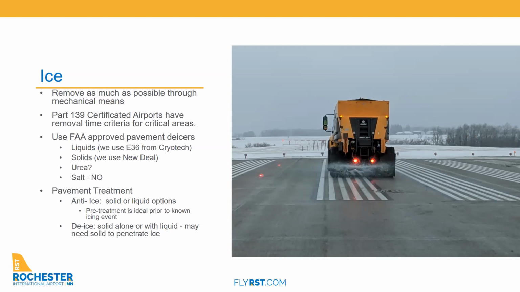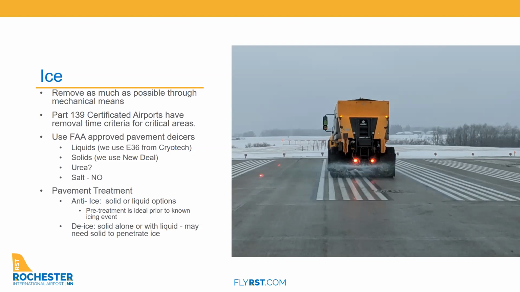One of the things that I was going to talk a little bit about is ice in my world. When I get a freezing rain event, and it seems like it's freezing drizzle the majority of the time, I'll go out with a friction tester. I know that a wet runway in our case is about a 70, so I'll get a 70, 70, and 70 on the runway when it's wet.